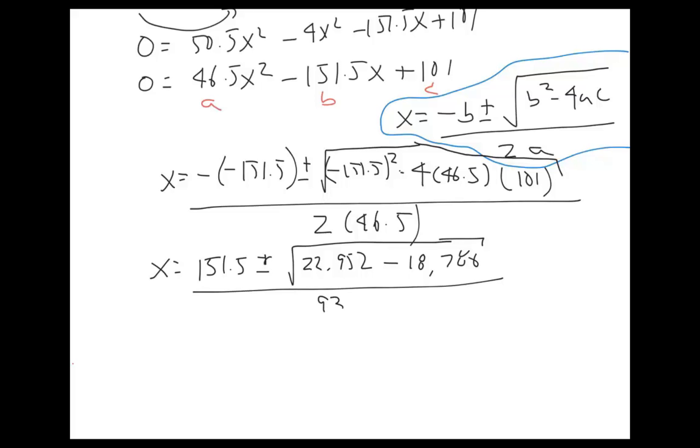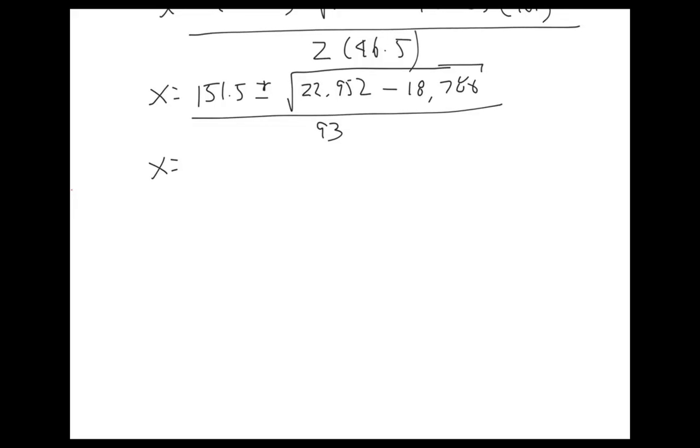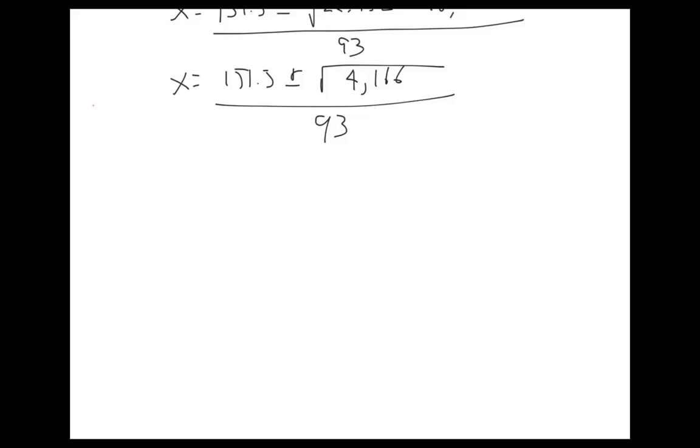Now, x will be equal to 151.5 plus minus the root square of 4,166, and this divided by 93. So now let's do the two possibilities to solve this equation.